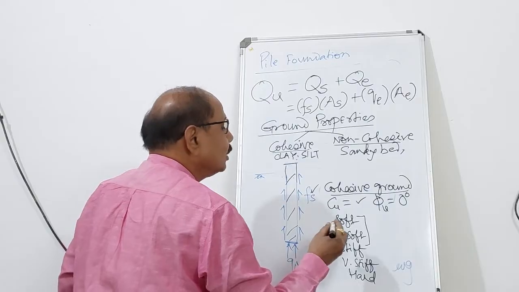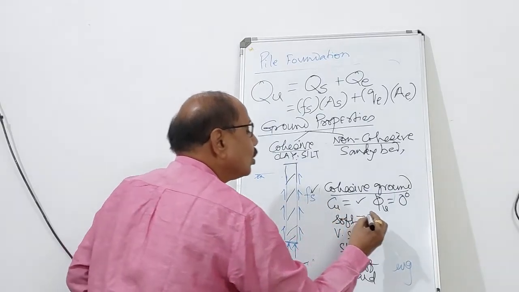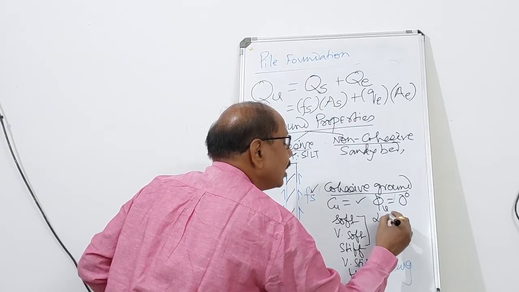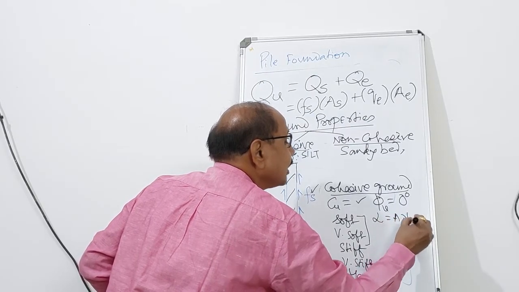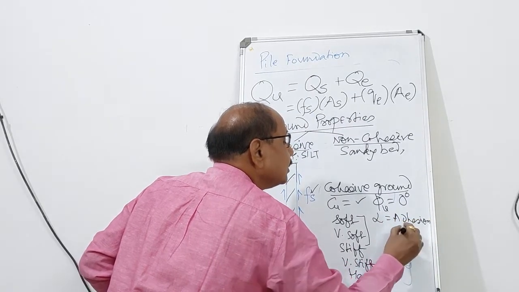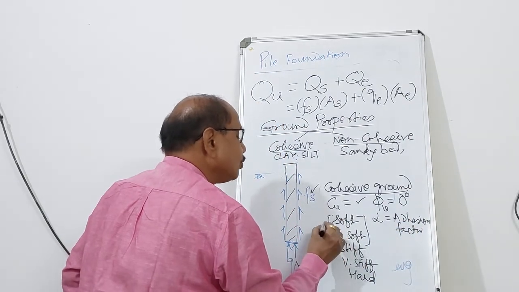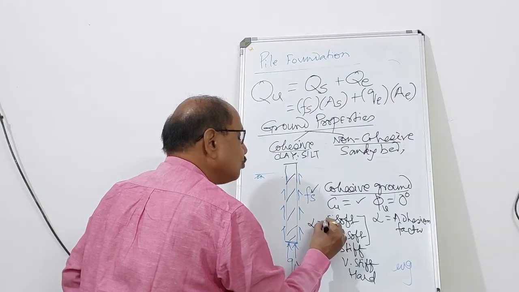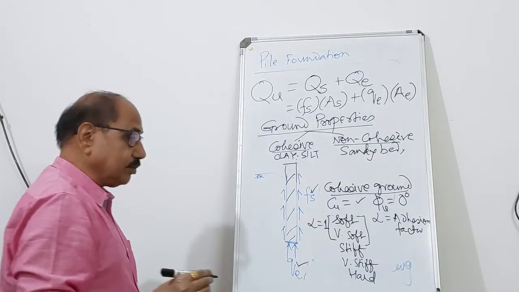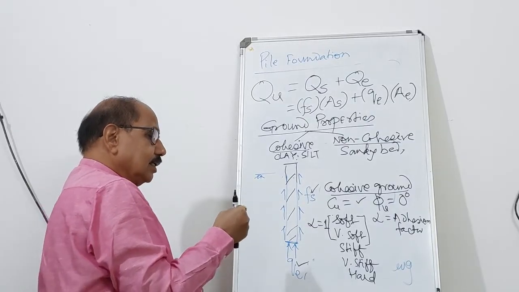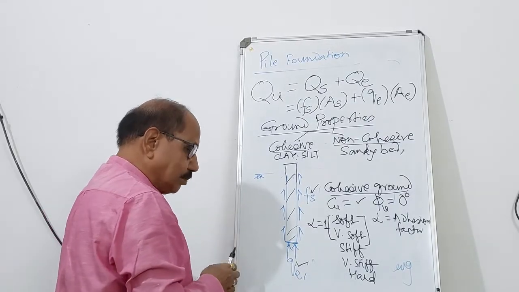So we would also like to know a factor known as adhesion factor. Alpha is called adhesion factor. For soft and very soft, the value of alpha is 1. The adhesion factor is 1 because it is going to be in very good contact with the pile shaft.